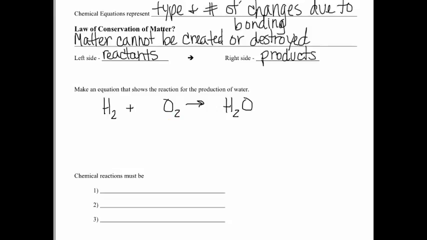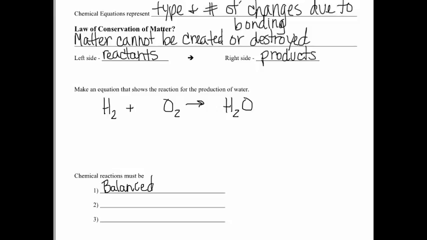So in a chemical reaction, we have to be sure that we are conserving matter. So in order to do that, we do something called balancing. Chemical reactions must be balanced. And to do that, we're going to make sure we have the same number of atoms of everything on both sides of the reaction arrow.